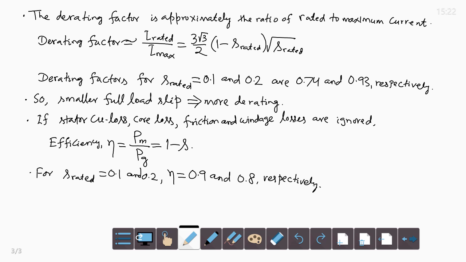So, what is the conclusion? Smaller full load slip means higher efficiency, as you see here.